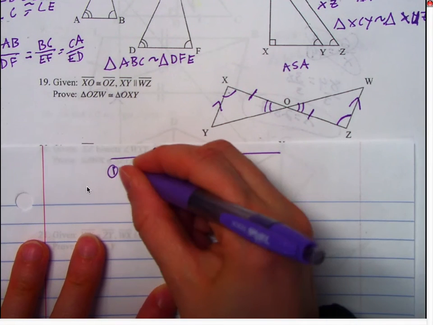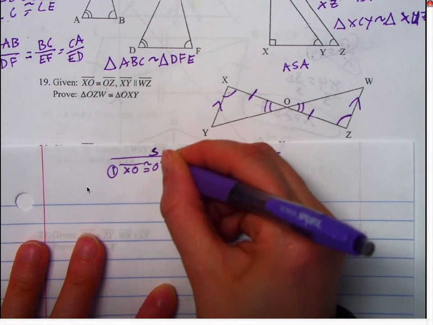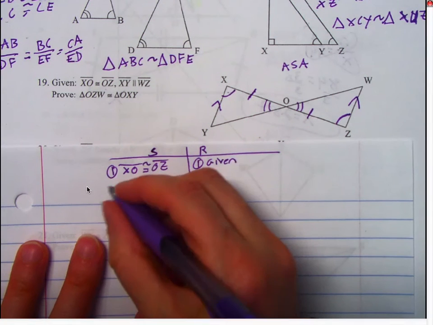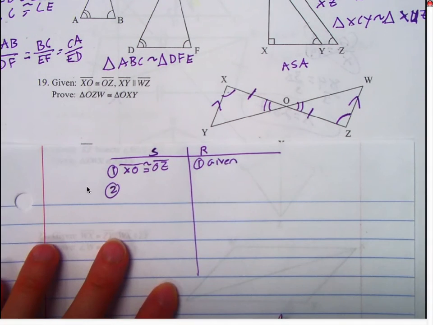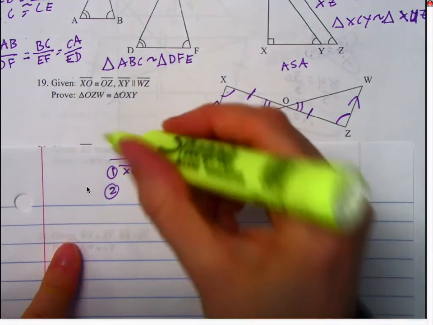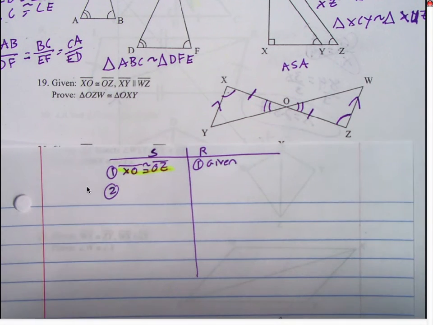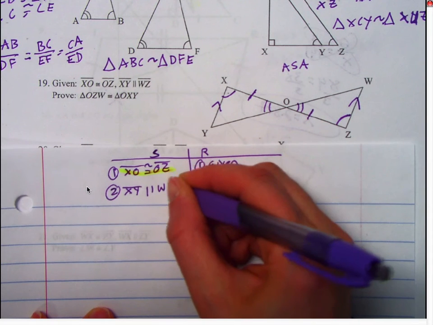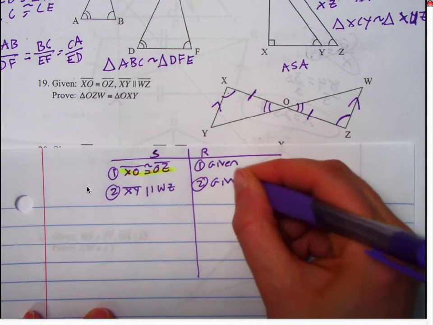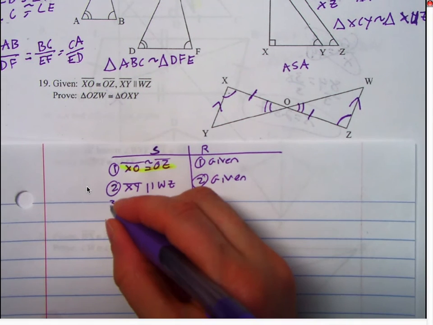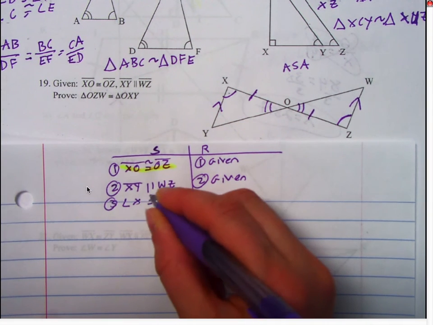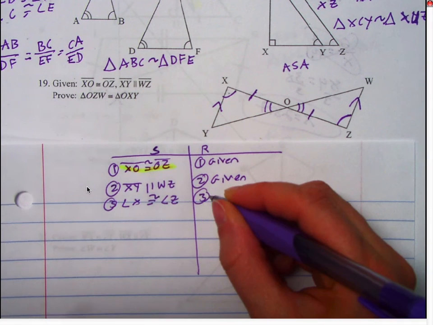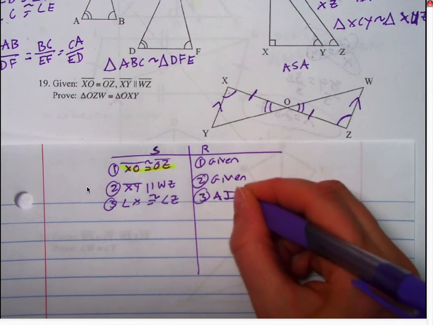Number 1, XO is congruent to OZ, given. Number 2, we've proven something is congruent to something else, so we can move on to the next one. XY is parallel to WZ. This is given, but it doesn't say anything is congruent, so I have to state that next: angle X is congruent to angle Z by alternate interior angles.